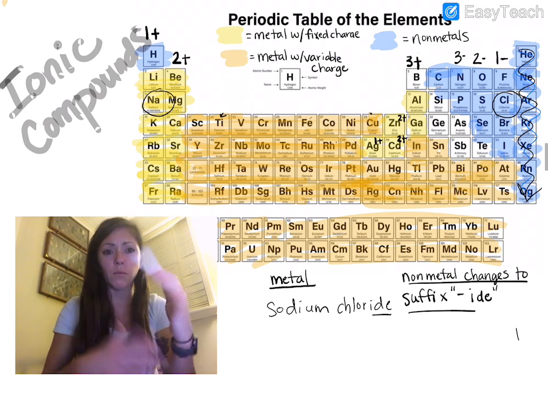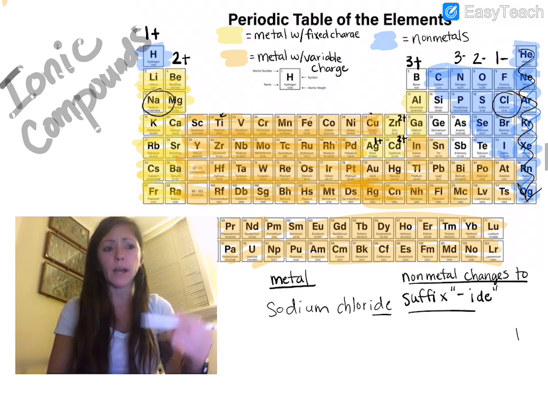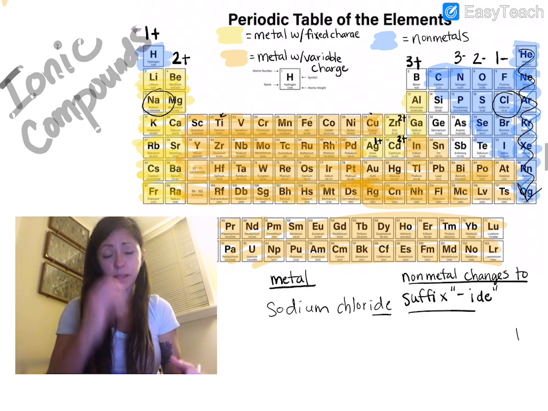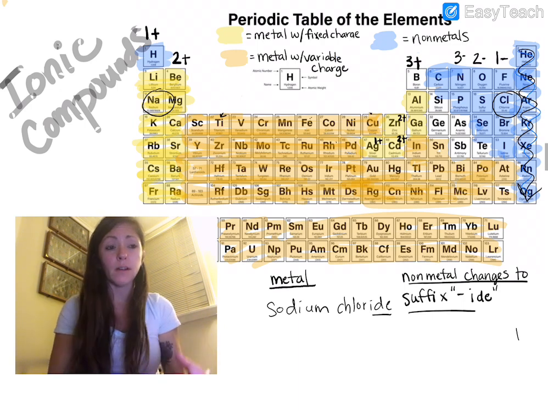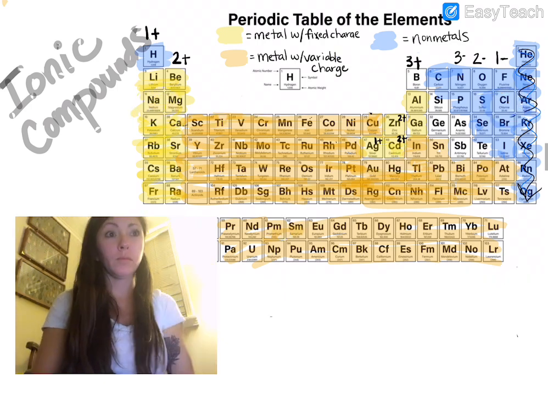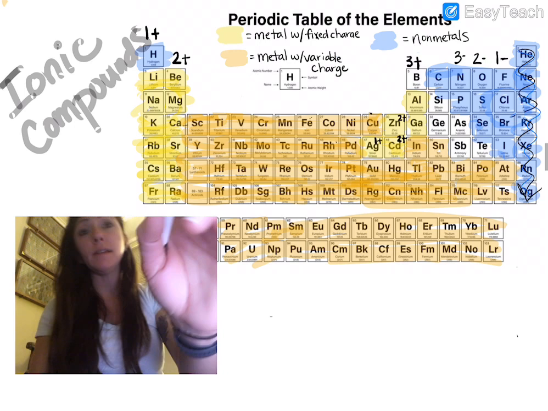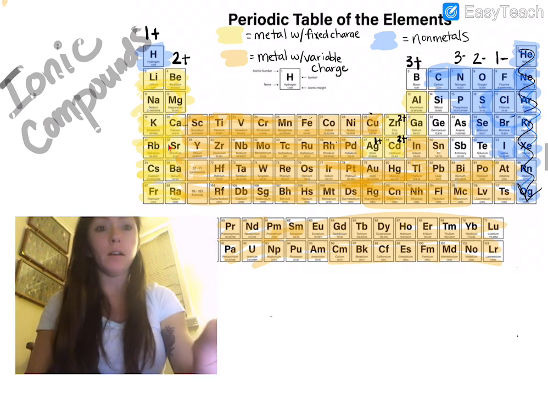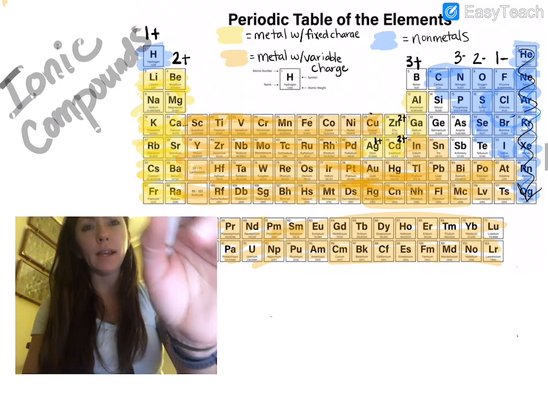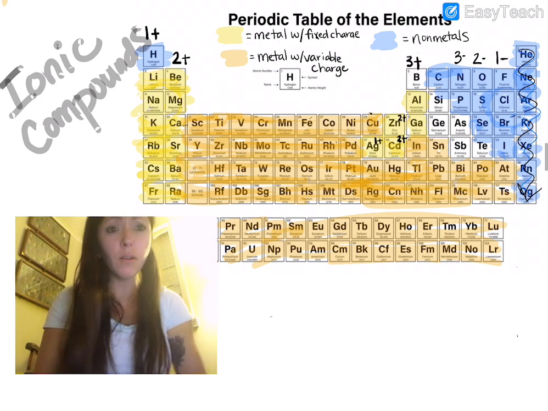So I'm going to give you a worksheet that shows you how to actually change the spelling on these, on the suffix, all right, how to drop it and actually change it to IDE. Okay, so I'm just going to show you. It's just really simple and easy to take any of these and write out their name. Not a whole lot of work.